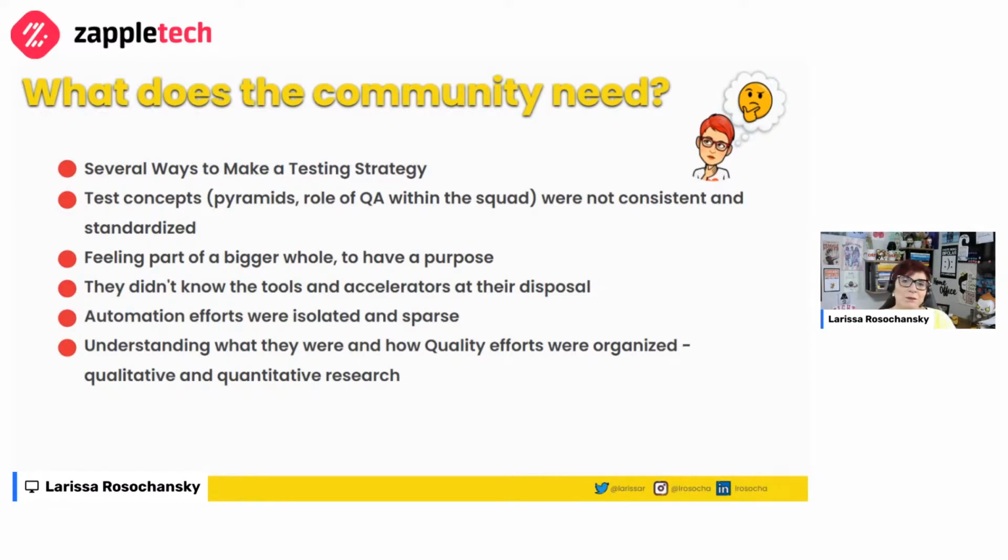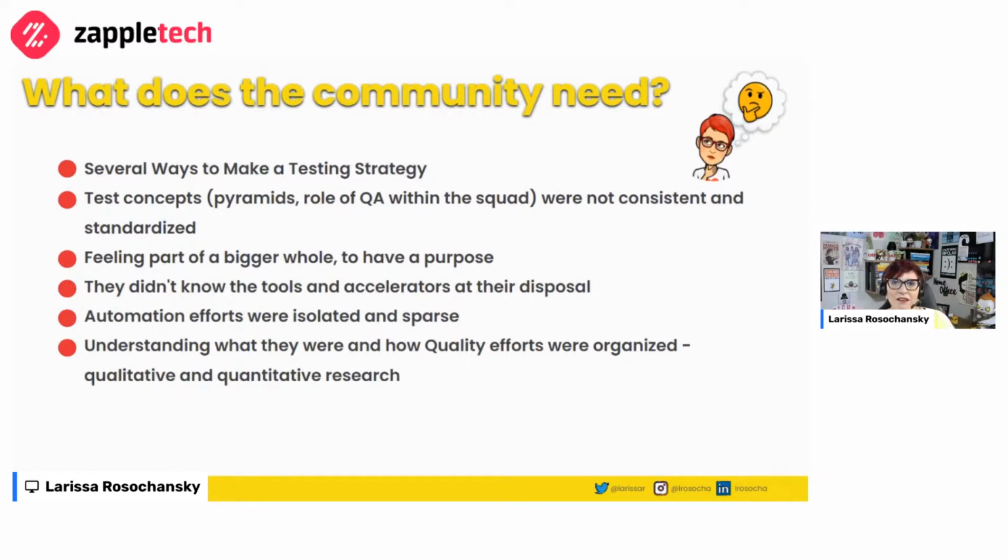For example, the test pyramid, what is integration testing, what is component testing, and the role of the QA within the squad were not consistent and not standardized. The QAs were feeling really alone, not part of a bigger whole, and they didn't have a purpose.